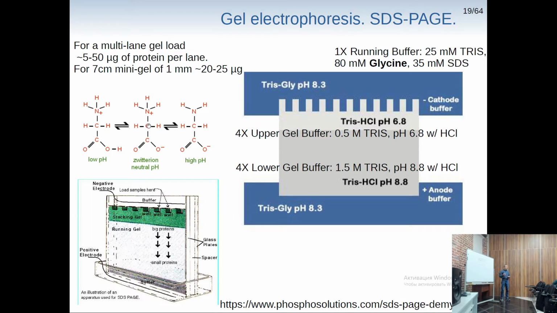Also, can we use some charge carrier which will have charge at every pH? So we have to have some charge carrier which is different in form and can allow us to have a high strength of field in this small region to focus our samples.